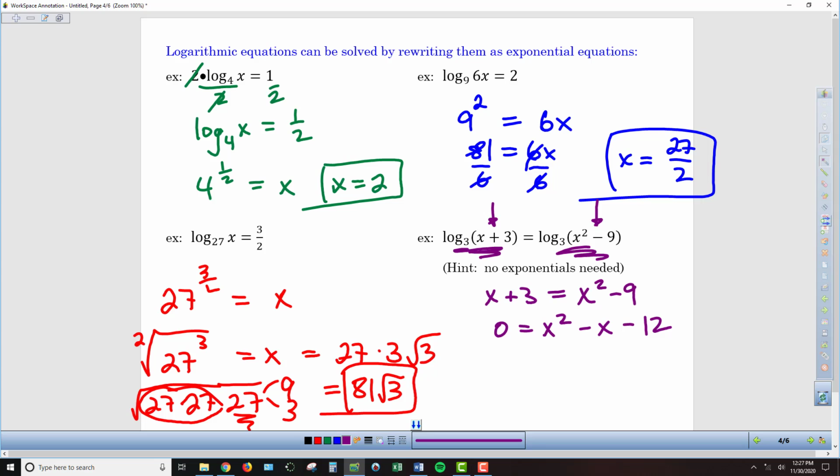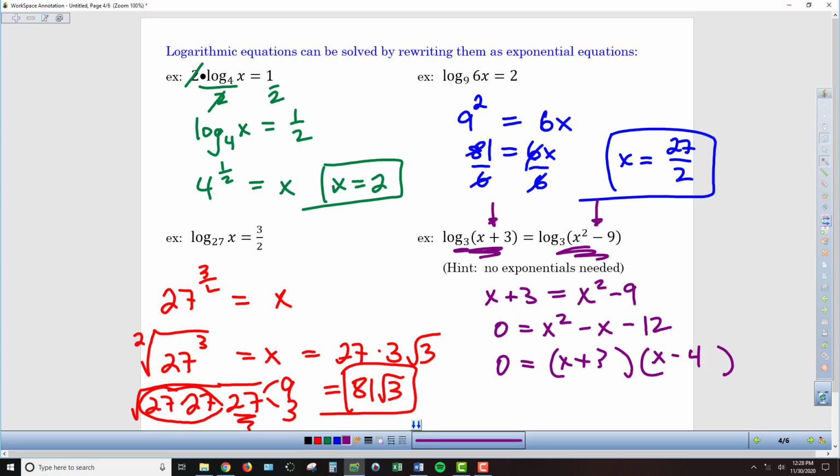So clearly this is a factorable expression, so that's the approach I'm going to take here. So I need a positive and a negative since I'm multiplying to make negative 12. I need to add to make a negative 1 in the middle, so my factor pair is going to be 4 and 3. So I'm going to have minus 4 and plus 3 to make this problem work.